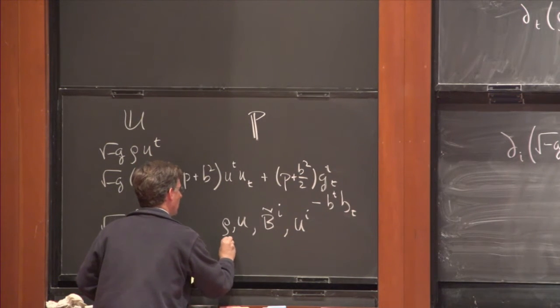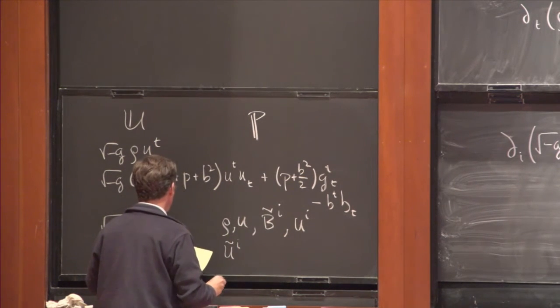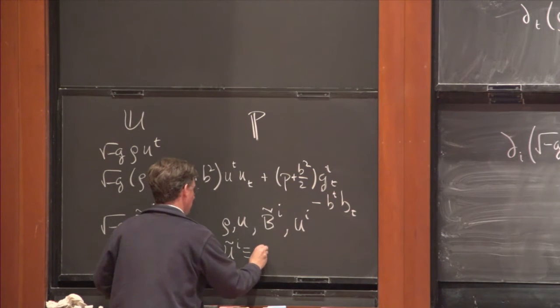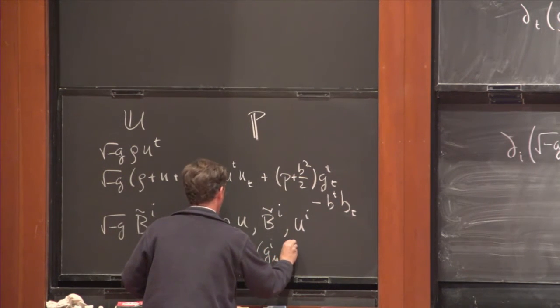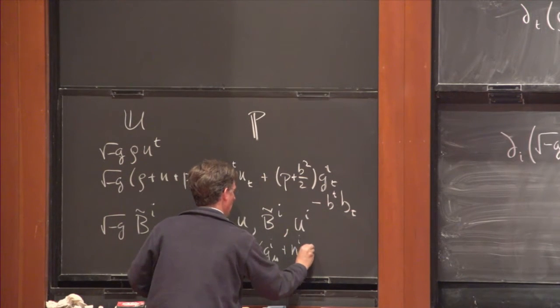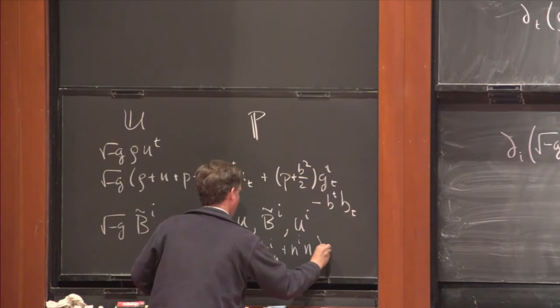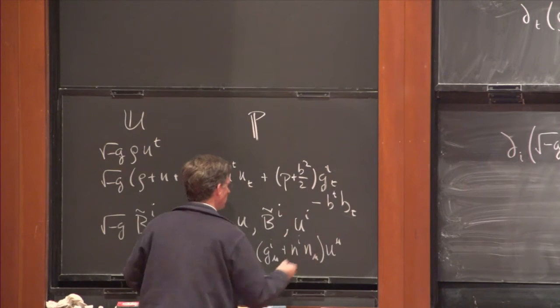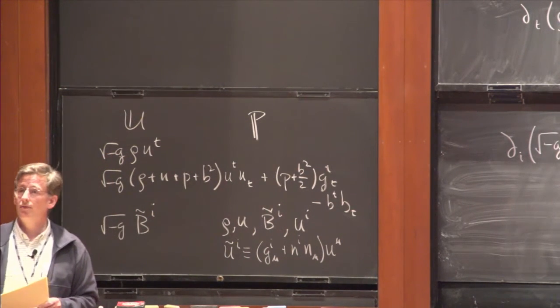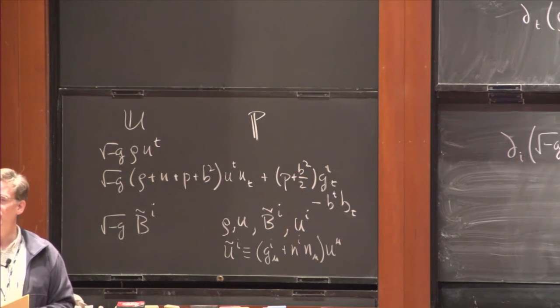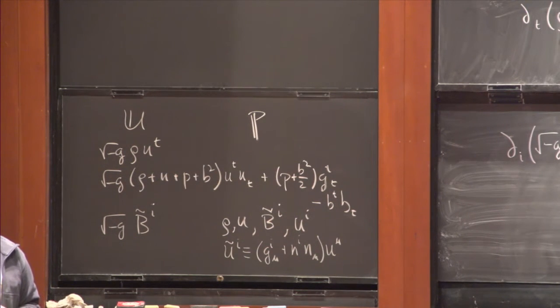And so we use something which I'll denote U tilde, which is the spatial components of the 4 velocity projected into the frame of what's called the normal observer.